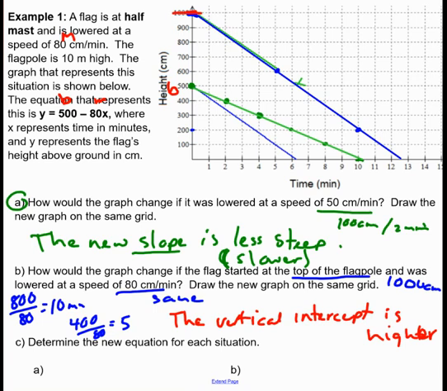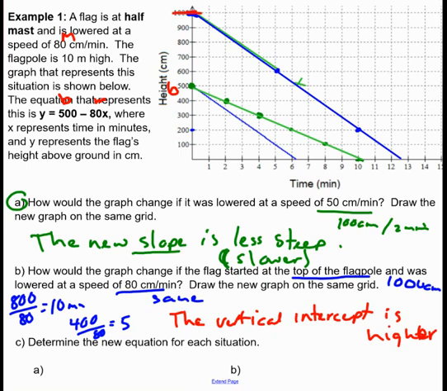All right, could we come up with a new equation? We had our original equation here. And so could we come up with a new equation? Well, if B is the starting point and M is the slope, can we figure that out? Well, they gave us a slope here.